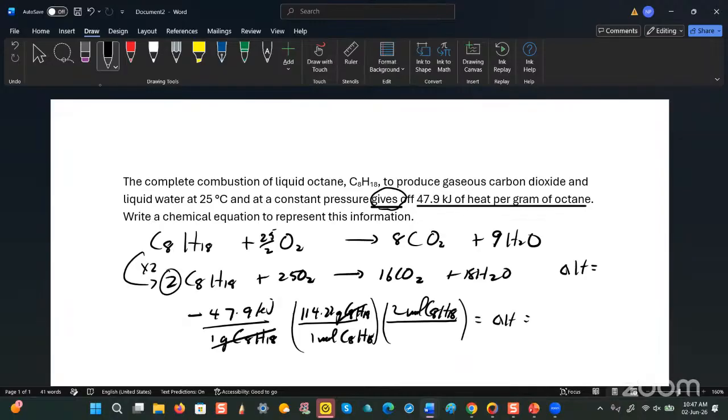According to my calculation, rounded to 3 sig figs, I got delta H equal to minus 1.09 times 10 to the 4 kilojoules. And that's basically how that is done.